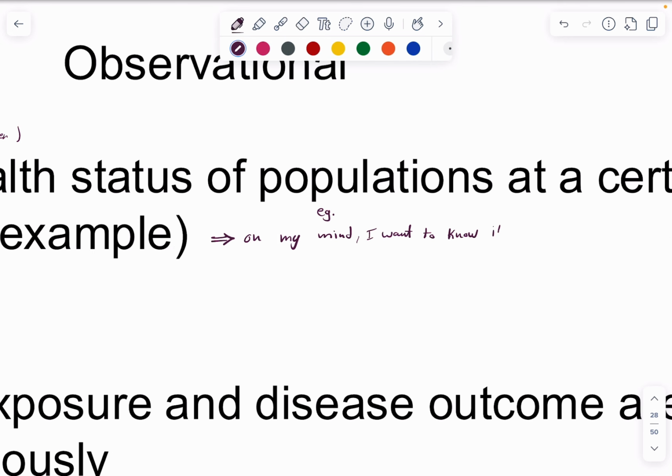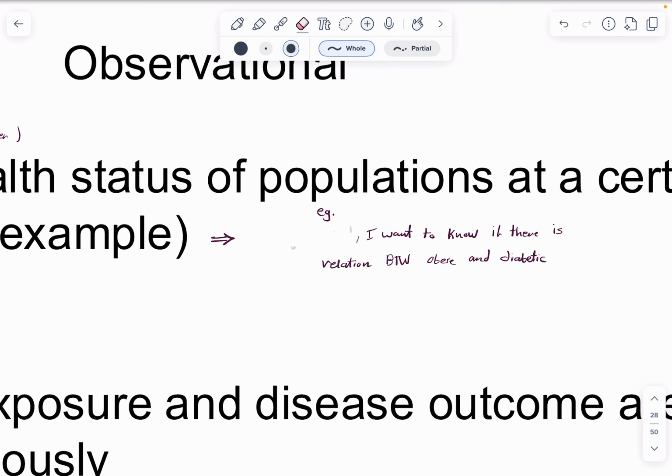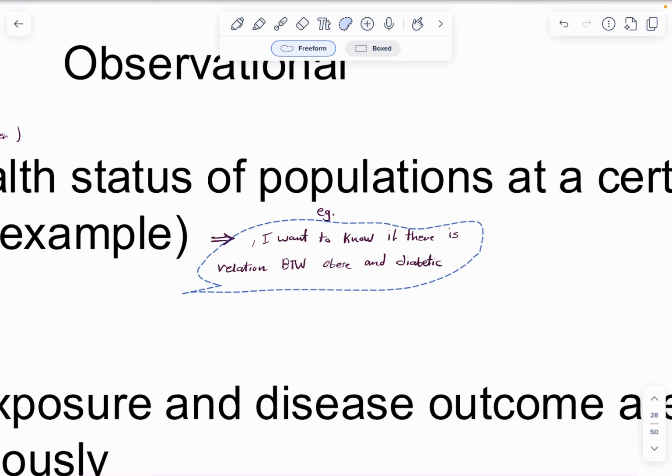I didn't tell you the population. Okay, in the UNESA. I'm interested in the UNESA population. So what will I do? I will just go and find out the BMI of everybody, all people, and also see how many of them have diabetes. Okay, I will get data about these 2 things, and then I will see how many of the obese people, on the basis of the BMI, have diabetes, right?